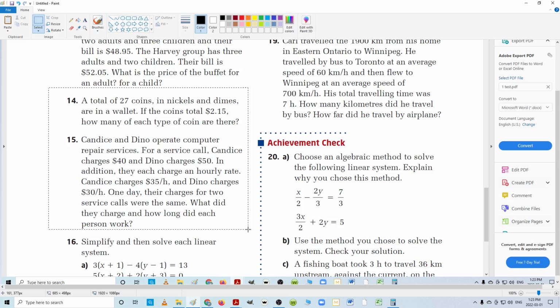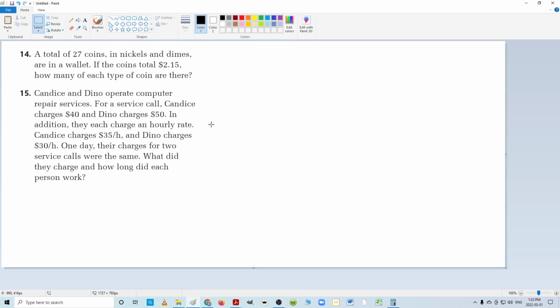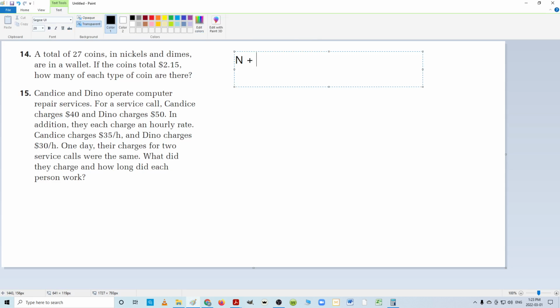So, if I add up all these coins in 14, and since we're talking about nickels and dimes, if I add up all these nickels and dimes, there's 27 of them. We just don't know how many are in my wallet. But we know the number of nickels and dimes, times a certain amount.